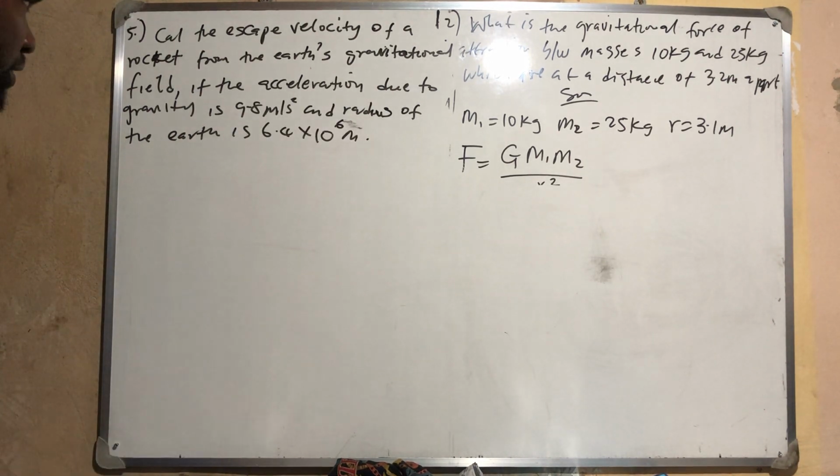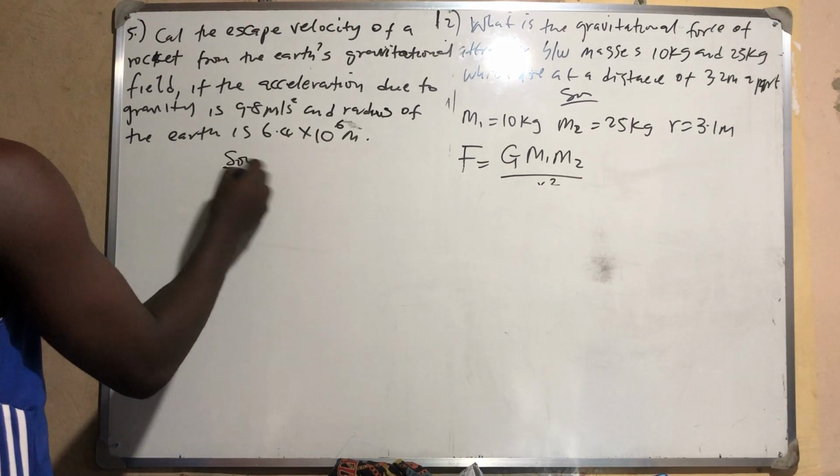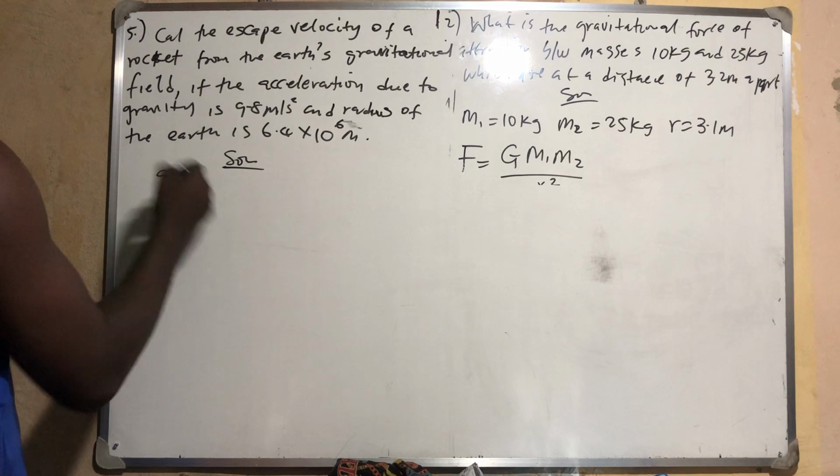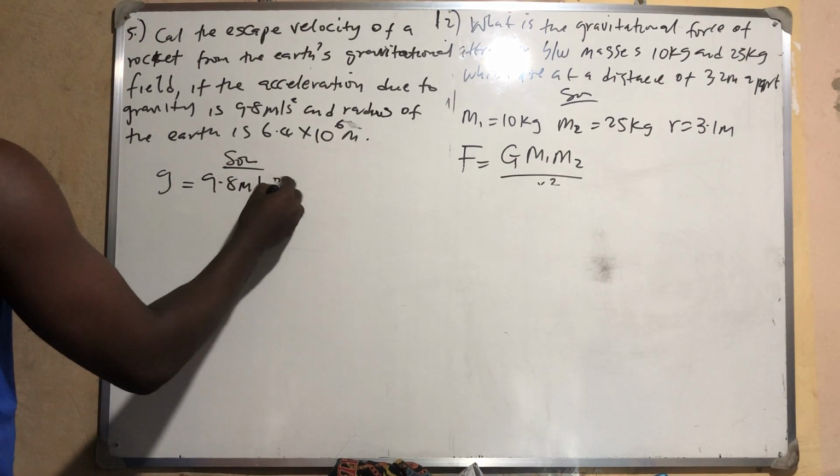In this one, they're not supposed to give you all this. They're supposed to tell you to calculate the escape velocity of a rocket from the Earth's gravitational field. Once you know that it's from the Earth's gravitational field, you know that the g you must use is the acceleration due to gravity, which is 9.8 meters per second squared.